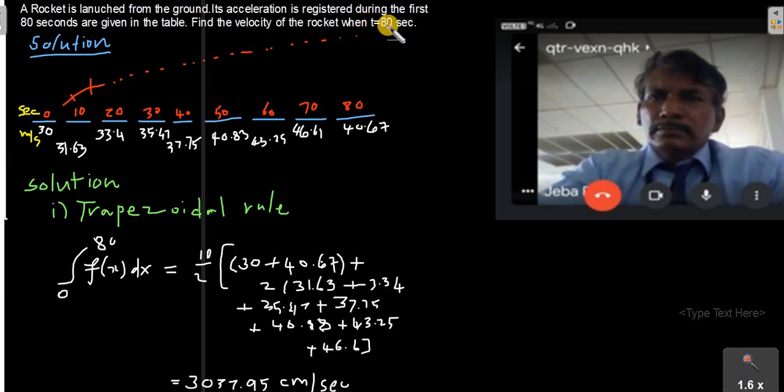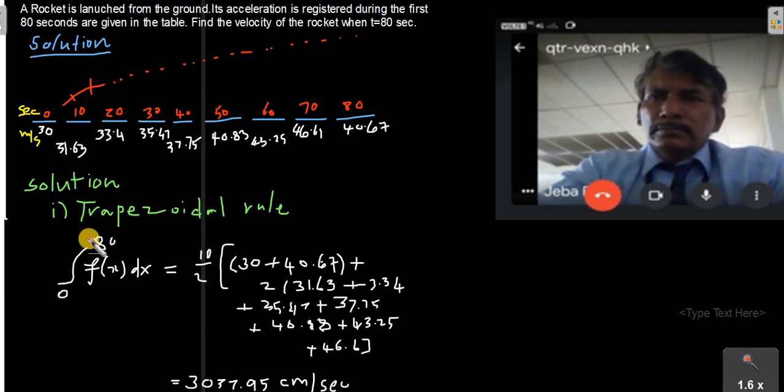The trapezoidal rule we are using here is h divided by 2, where h is the common difference on the x-axis. H divided by 2, and then first velocity plus the last velocity plus 2 times the sum of the other velocities.